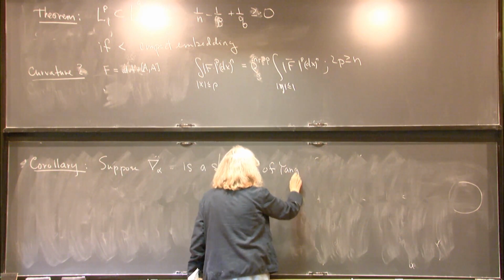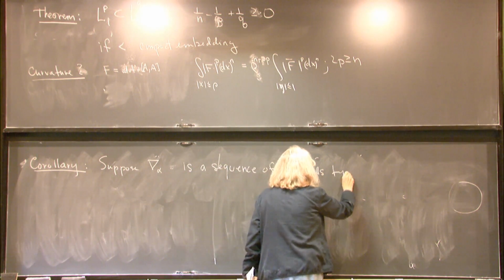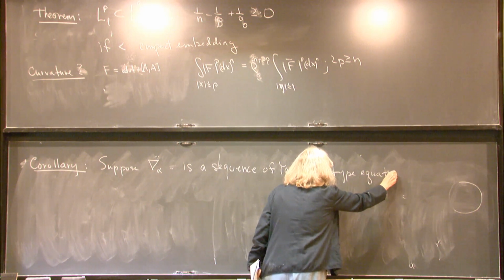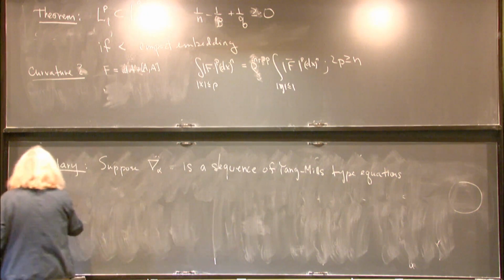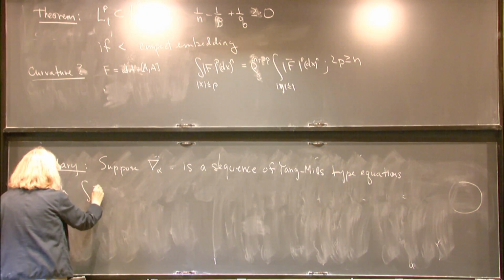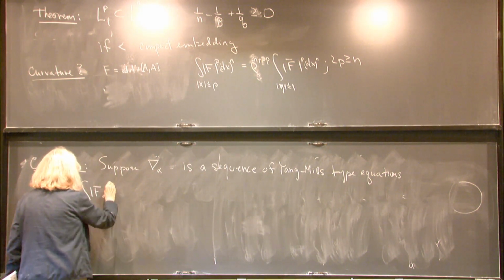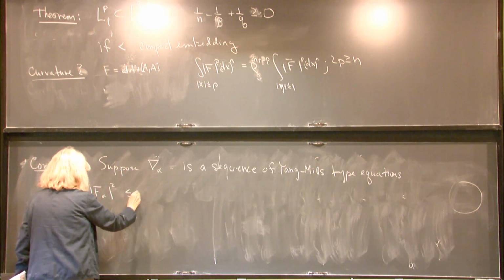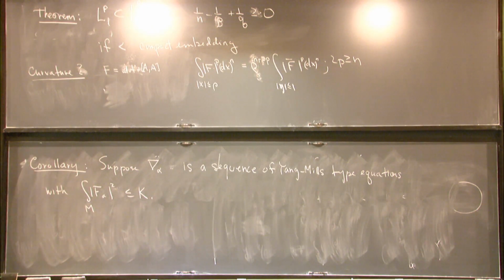Remember, we can have a right-hand side. Yang-Mills type equations, with F_{A_alpha} going to zero in L^m.